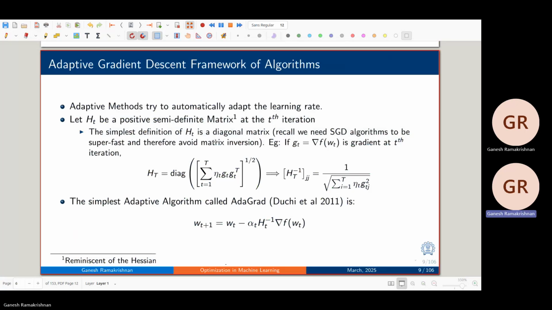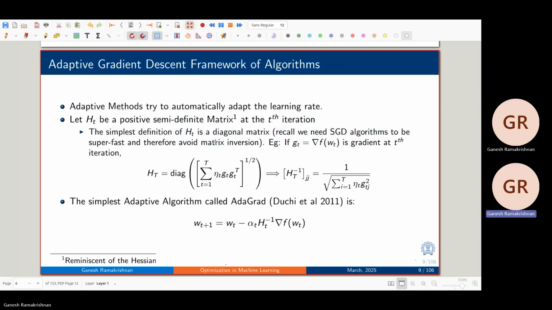So here, you're basically saying that S_t is a diagonal matrix, right? It could be a full rank matrix, and in fact, in practice, it is. Most likely, it's full rank.